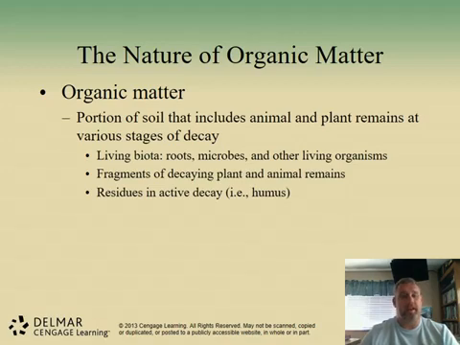We have different states of decay. You have stuff that's fresh, like leaf litter or lawn clippings that are just on the top, and then those are slowly broken down ultimately into a humus, which is an active nutrient that plants can utilize inside the soil.